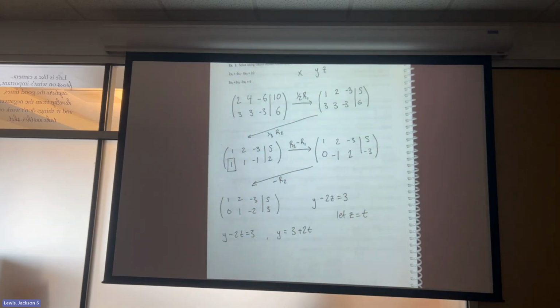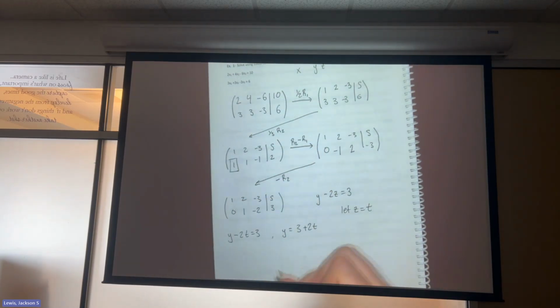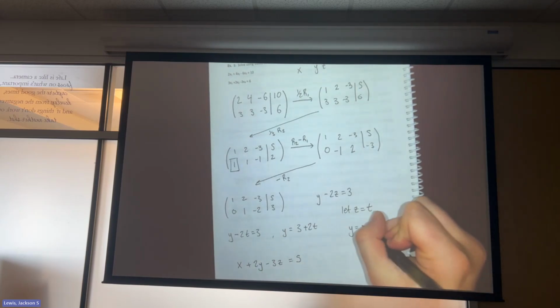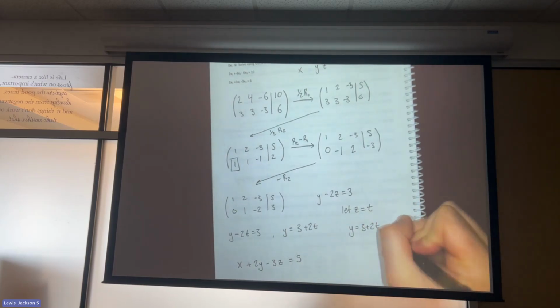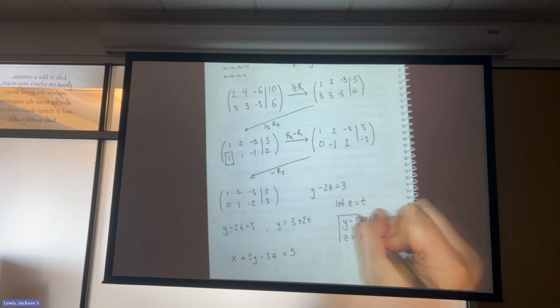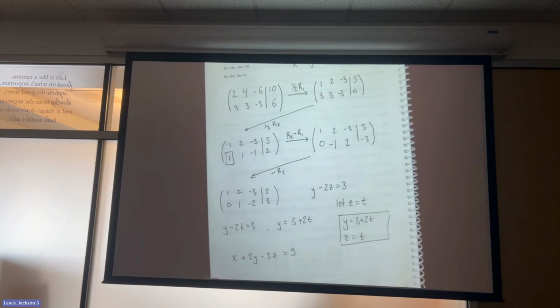So I have my z, I have my y, and then I can plug that in to get x. This equation here tells me that x plus 2y minus 3z equals 5, where y I know is 3 plus 2t, and z is just t. I'll box that in over there so we can recall it.